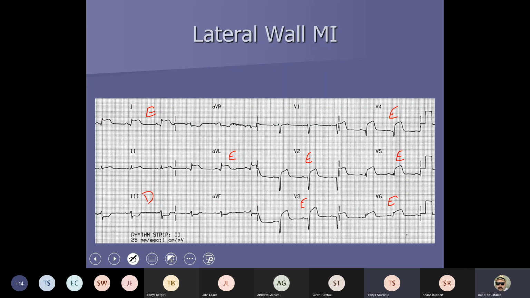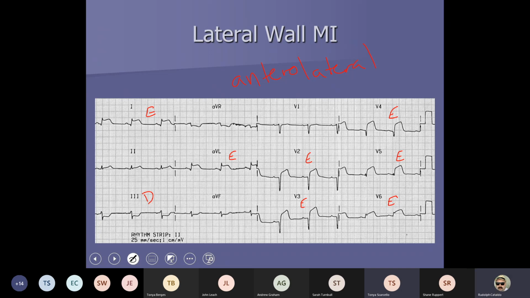So I could classify this anterior and lateral because I've got V2, V3, V4. What I would call this is an anterolateral MI because I have anterior involvement as well as lateral.